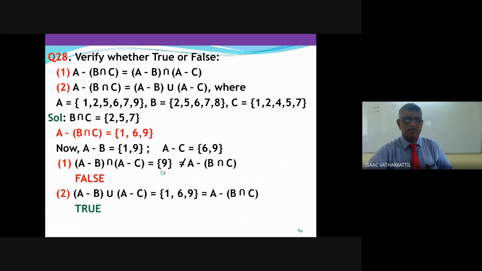So this is true. This one is false, whereas this one is true. A minus (B intersection C) equals (A minus B) union (A minus C) we have seen as an example to be true, but we are not going for a proof.